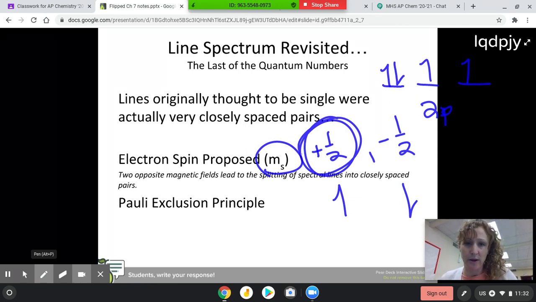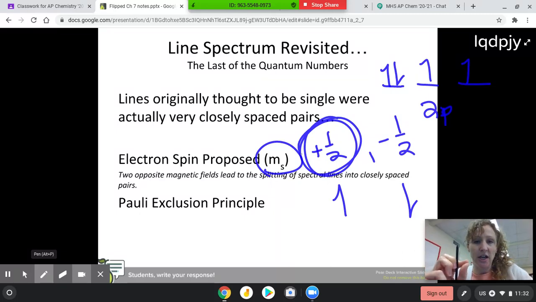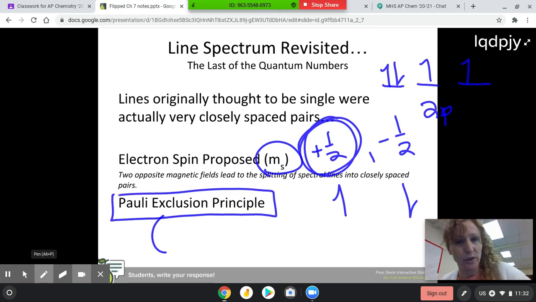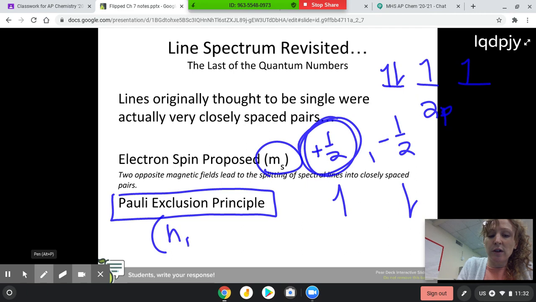And so this is that fourth quantum number. So what you should be able to do for all electrons, if I pick an electron out of an atom, and this is called the Pauli exclusion principle by the way, you should be able to write me a series of 4 quantum numbers.